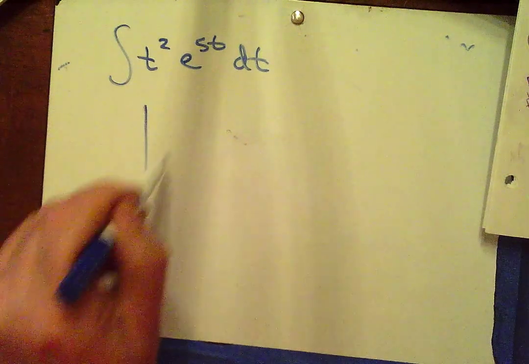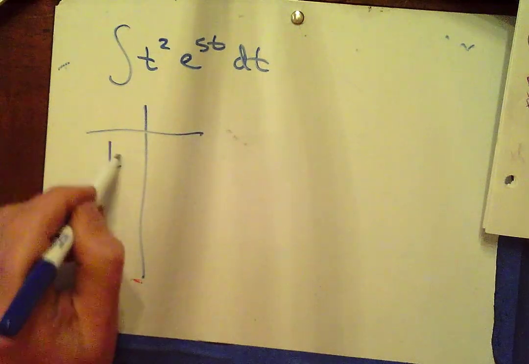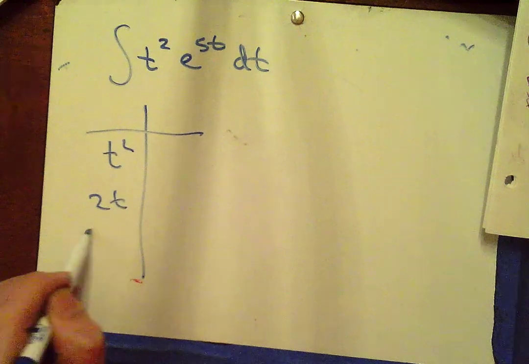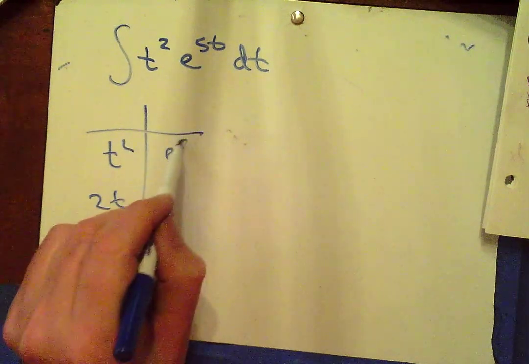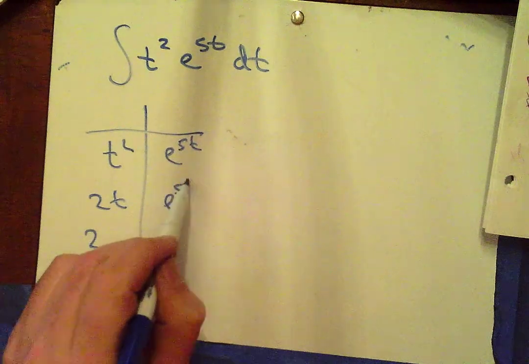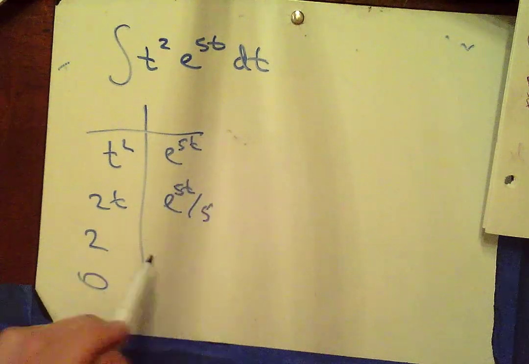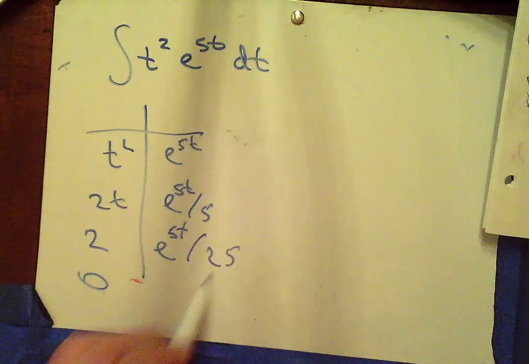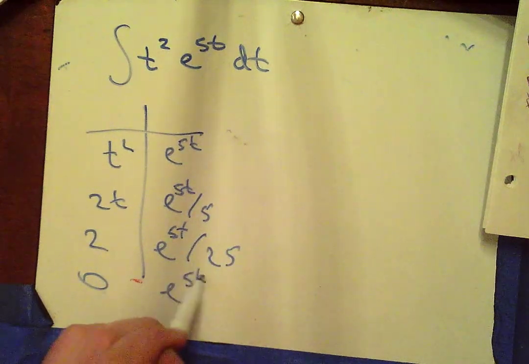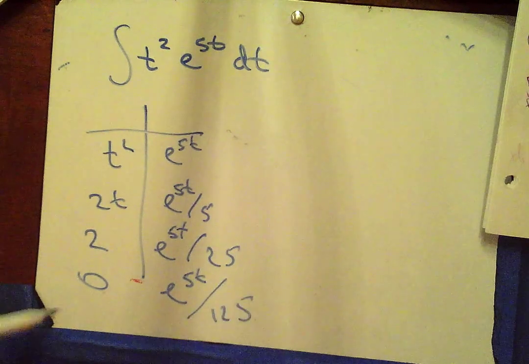Hey, welcome back. So, t squared, 2t, 2, 0, and here, e to the 5t, e to the 5t over 5, e to the 5t over 25, and e to the 5t over 125.